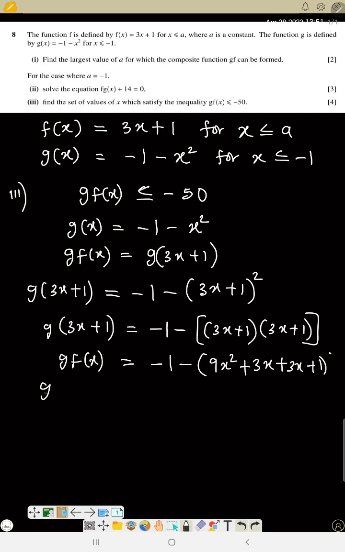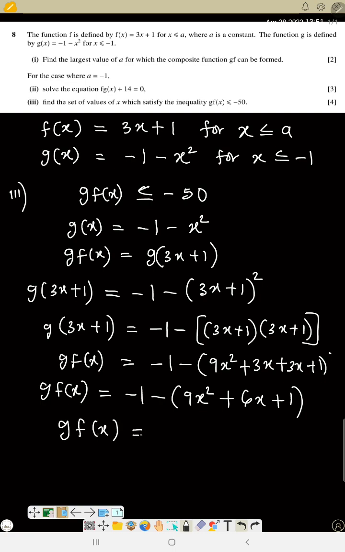So now G of f of s is equal to minus 1 minus 9s squared plus 6s plus 1, because 3s plus 3s is 6s. So G of f of s equals minus 1, then minus 9s squared minus 6s minus 1.